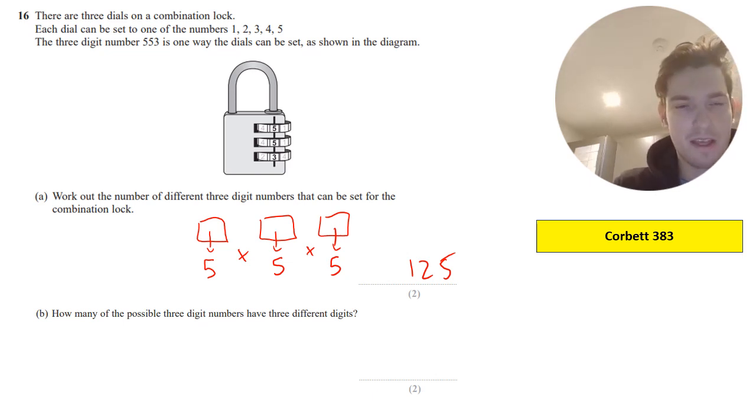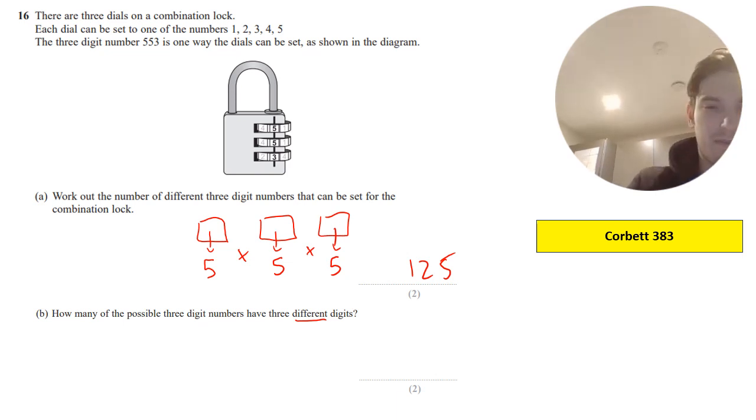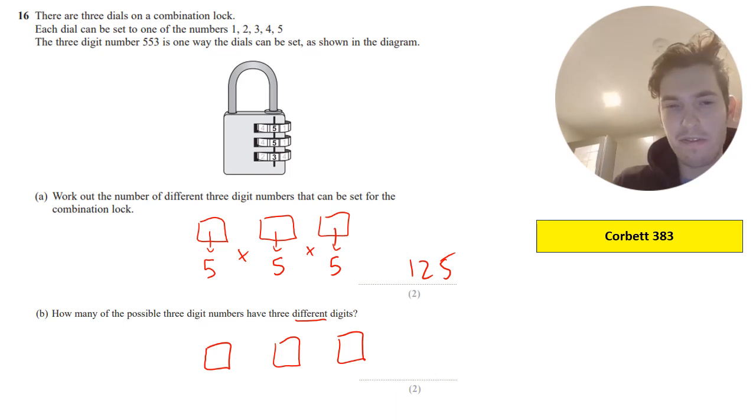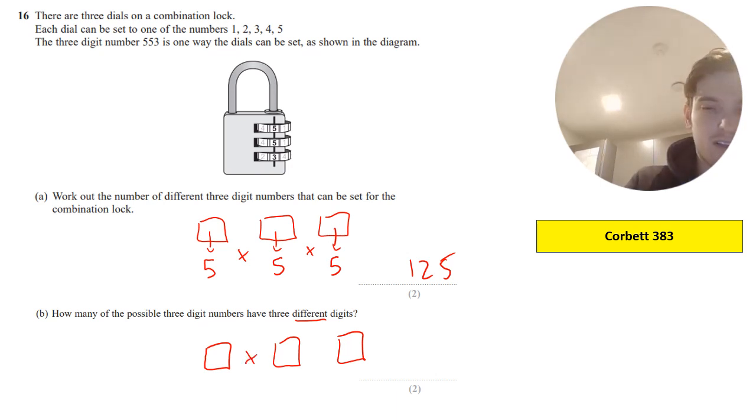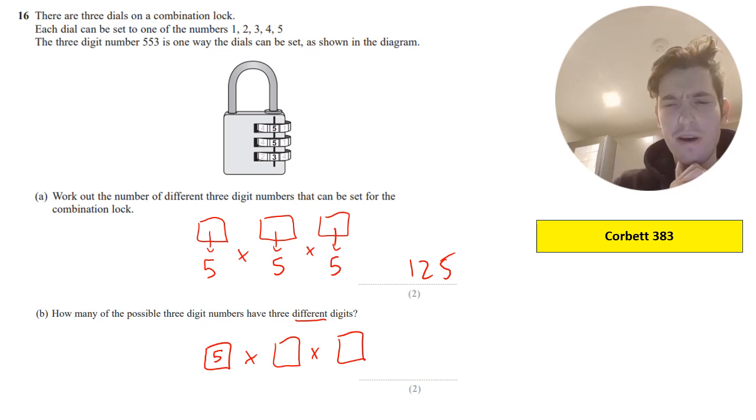Part B. How many of the possible 3-digit numbers have 3 different digits? Okay, well, how is this going to be different? Let's think about it. For my first digit, again, it can be any number. So again, I've got 5 possible options. But what about the second one? It has to be different.